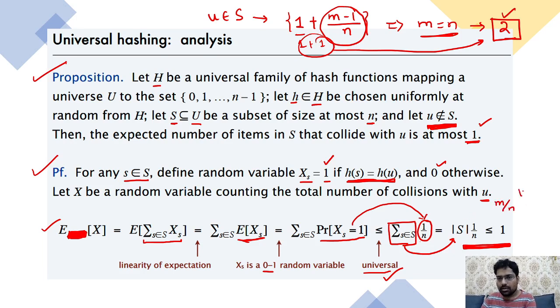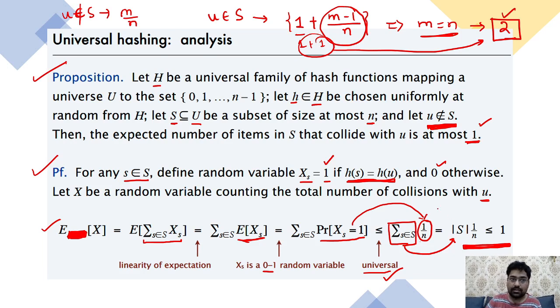If it is not existing, this m by n is represented as s by n. Okay, so I'm just writing that too, which will give you the idea. This m by n is represented as s by n.